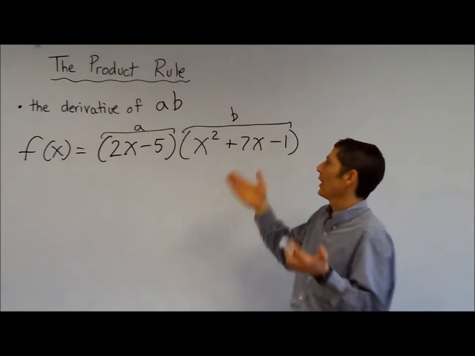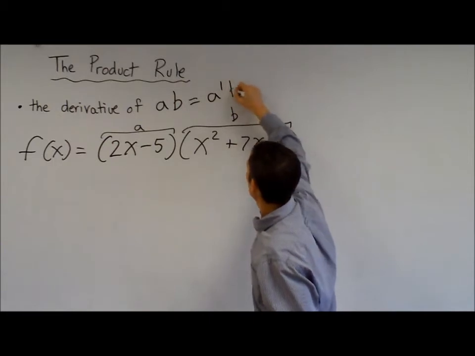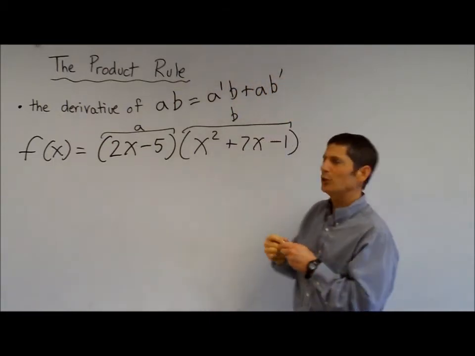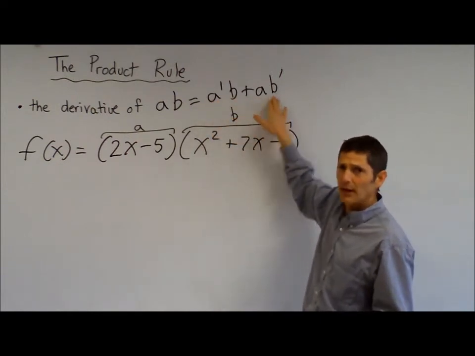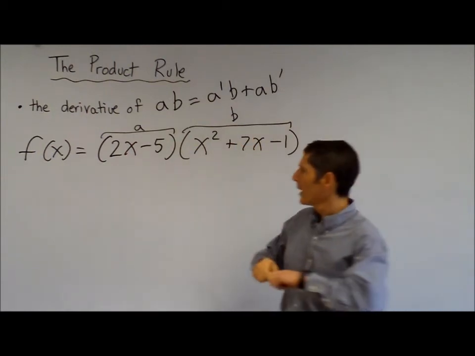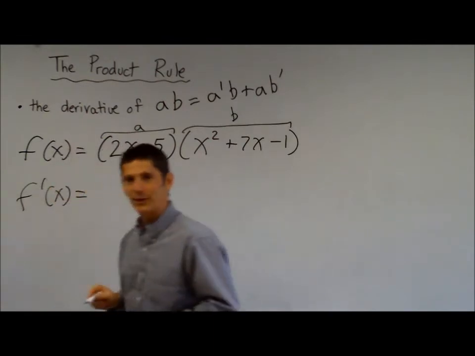I like to think of it as A prime B plus A B prime, and I think Ms. Stewart, you write it as A prime B plus B prime A. The order doesn't matter. It's the same thing. I do it this way because I say it to myself as I write it.